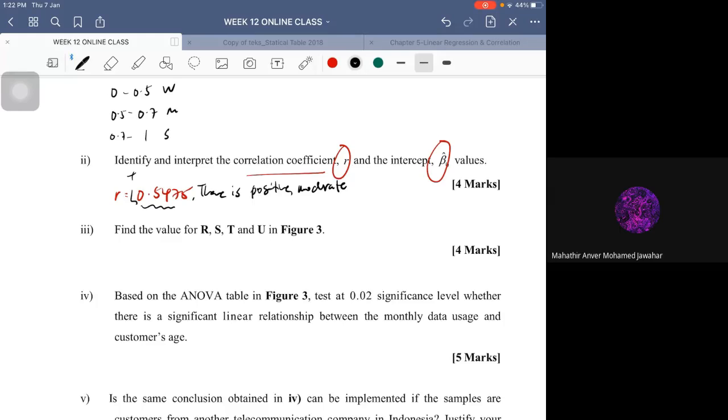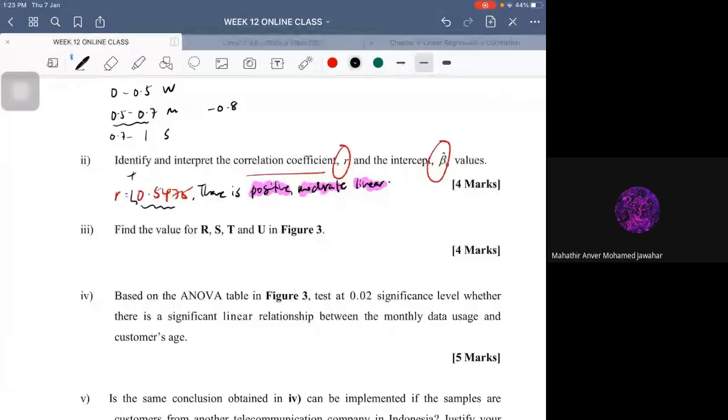And it applies for both positive and negative. For example, if you come across negative 0.6, it's going to be between 0.5 and 0.7, so that is considered moderate. So here you have to mention that it is a positive, moderate, linear relationship. These three things have to be there: the direction, the strength, and the fact that this is a linear relationship.